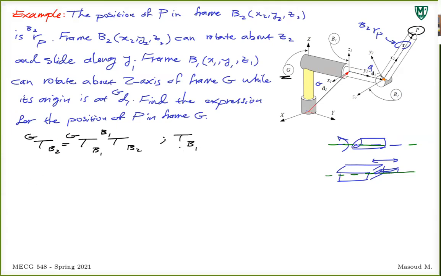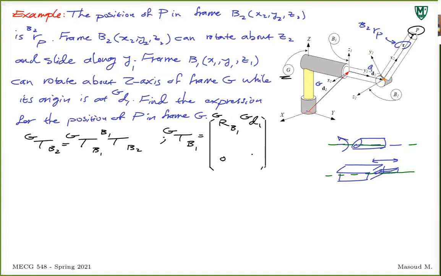T B1G would be your matrix there. This might seem like some kind of no-brainer problem, but I just want to give you a sense of why we are even doing this compound transformation.